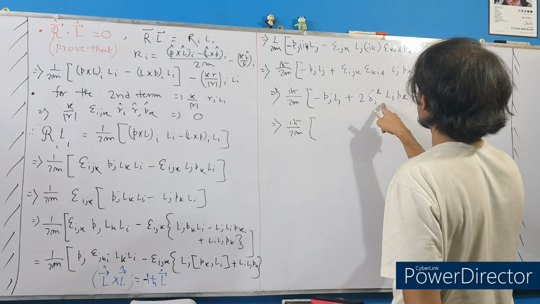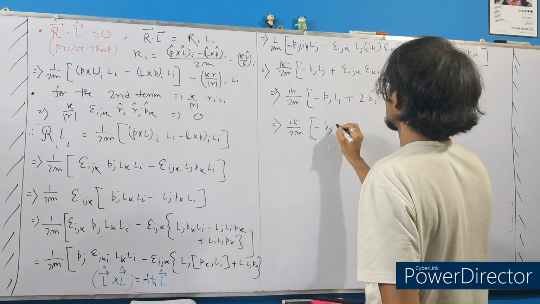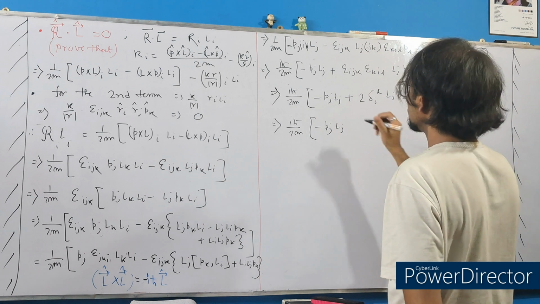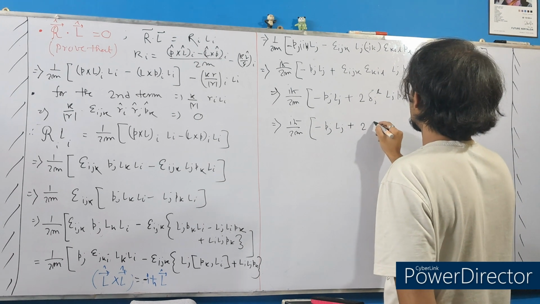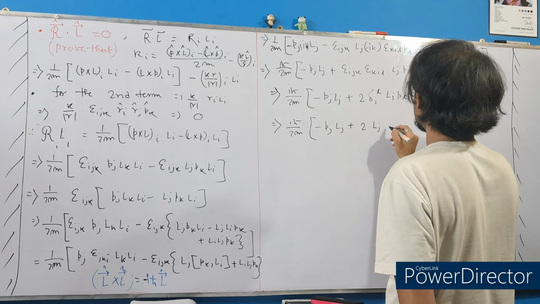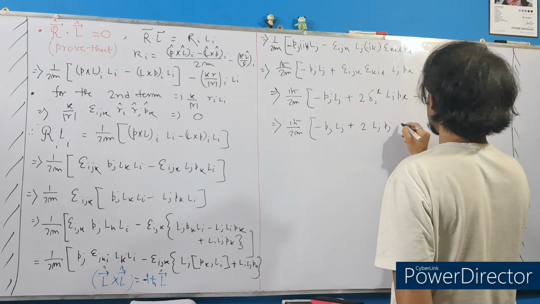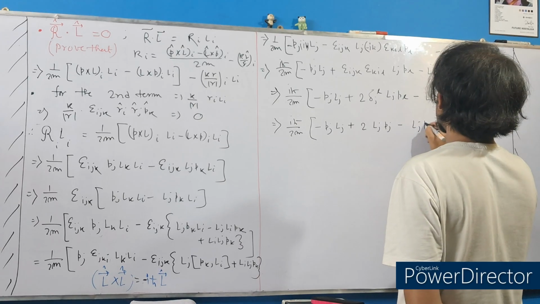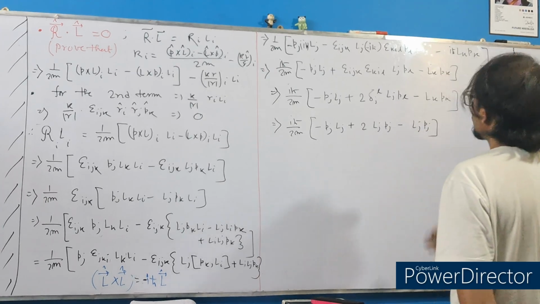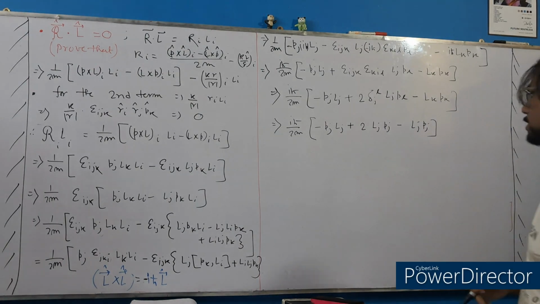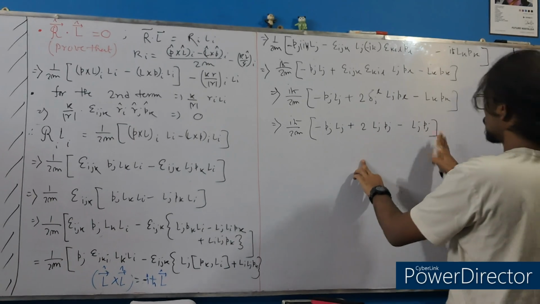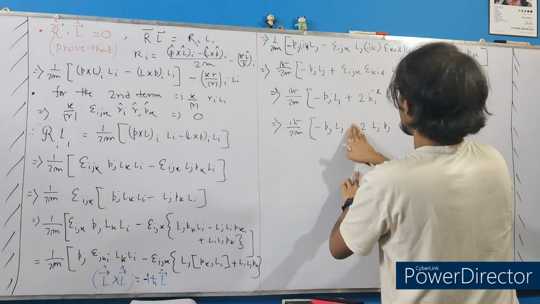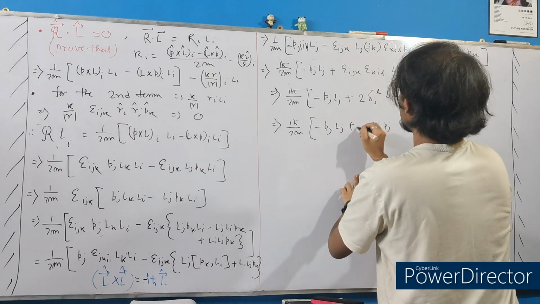So minus Pj Lj plus 2 Lj Pj minus Lj Pj. Okay, I have changed the index. If this is a summing index, I can change it. So here I have a minus, here I have 2. So I will erase it and I will give it plus.